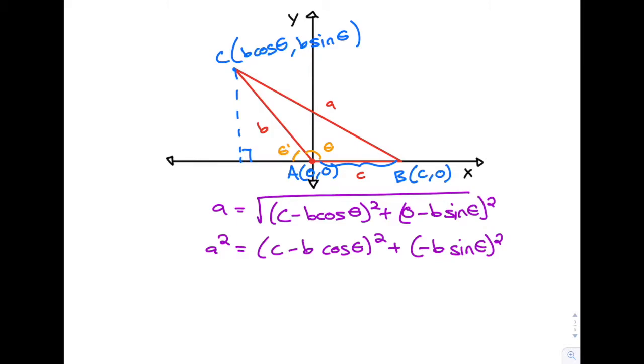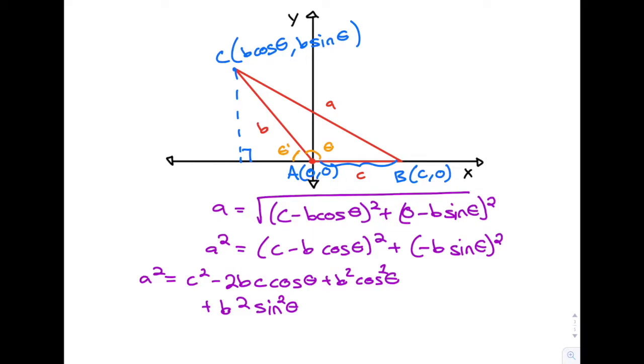We do a little bit of foiling, so we have c squared minus 2bc cosine theta plus b squared cosine squared theta plus b squared sine squared theta.